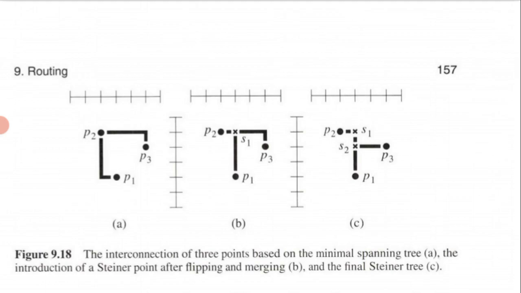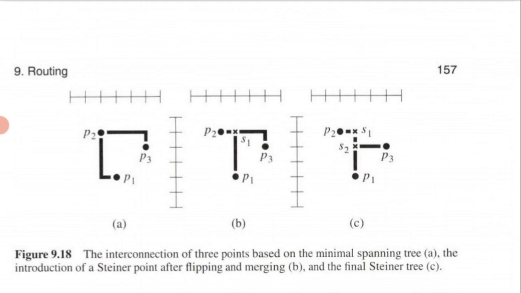There will be a set of new points, which we denote as S. The first figure shows the spanning tree for the three points p1, p2 and p3. In figure b, there is a connection from p1 to p2, and we flip this horizontally and vertically, and we get the L portion.